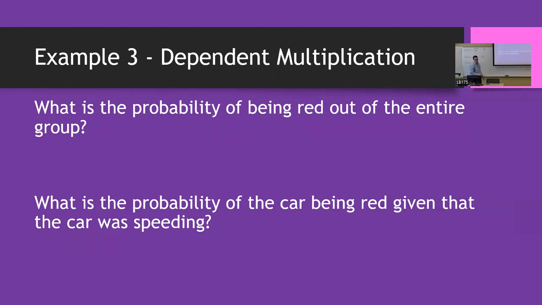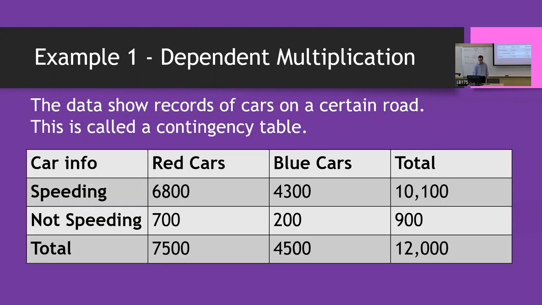If I was given that the car is speeding, essentially what I'm doing is I'm just looking at this line here, right? Therefore, I'm no longer picking out of the entire group of 12,000, but I'm only focusing on the speeding group of 10,100.